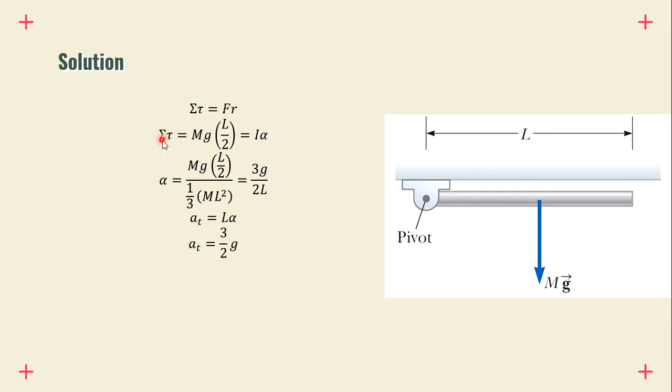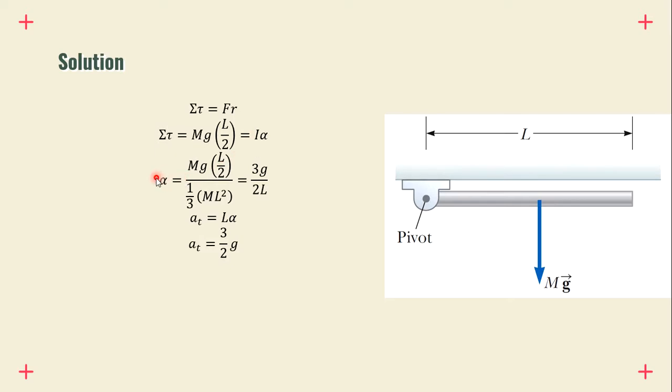Okay, let's proceed. For the solution, remember that torque is equal to force times radius, and this quantity torque is also equal to the angular acceleration times the moment of inertia I. From our formula earlier, the moment of inertia of this rod is 1/3 ml squared. And the torque is equal to mg, which is the weight of the rod, times the moment arm L/2, since the mass is concentrated at the middle of the rod.